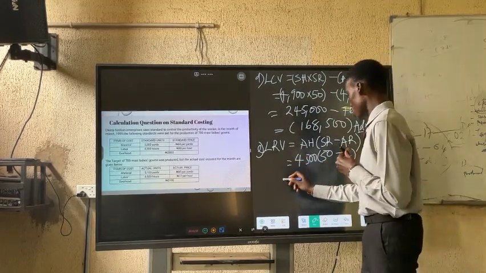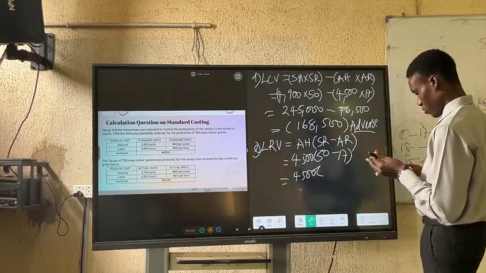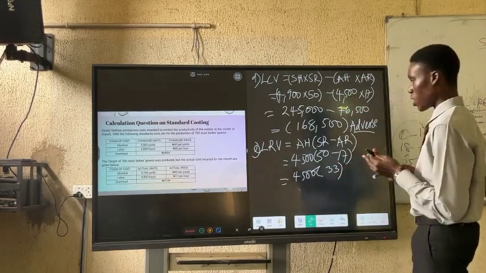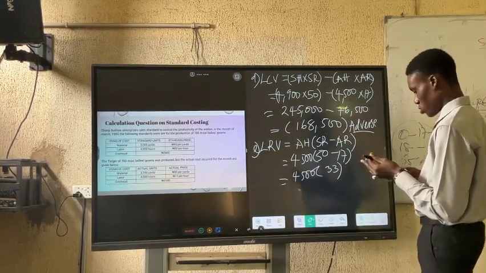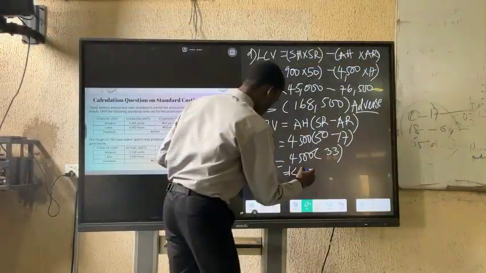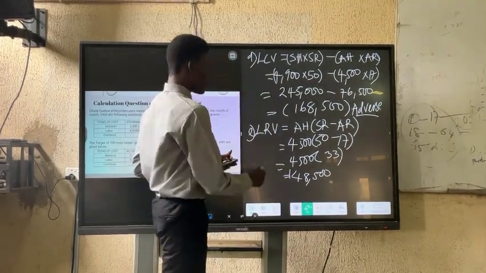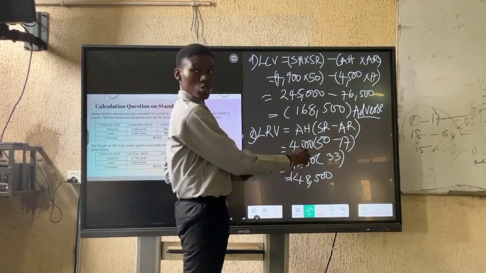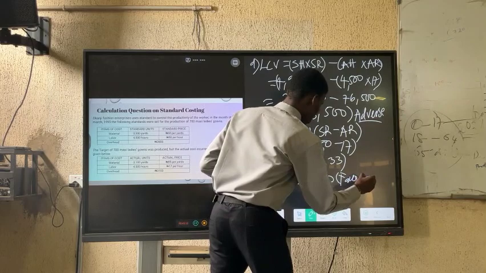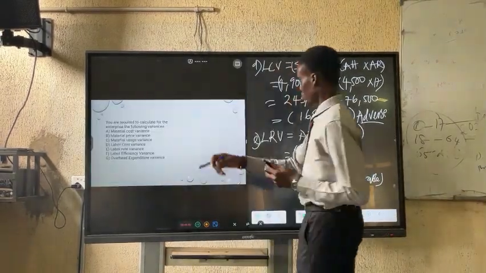So that will be 45 into bracket 50 minus 17, that's 33, and when you multiply that, it will give you 148,500. You understand? Since this is not a negative value, that means this is favorable. So now let's move to the next question.